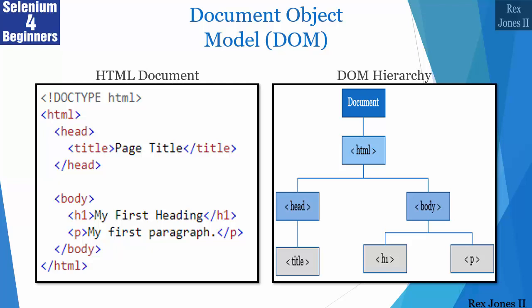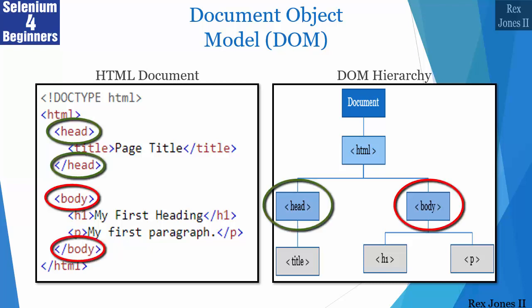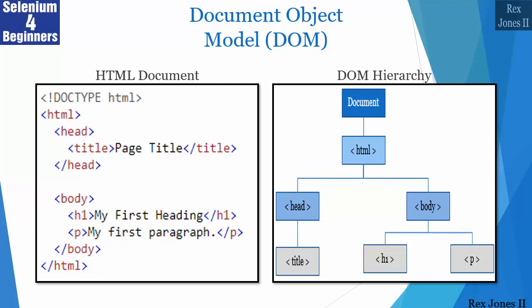At the top, we see document, then an HTML root element. Under the root element, there are two elements, head and body. Head has title as an element, while body has header 1 and paragraph as elements.